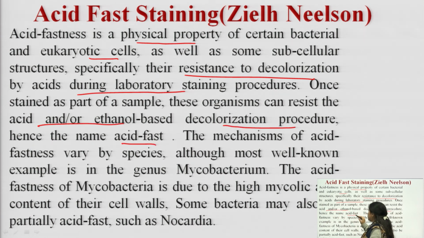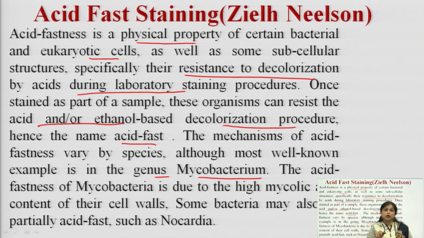So acid fast microorganisms are those which retain the primary stain and do not allow decolorization with decolorizing agents like acidic alcohol. Whereas non-acid fast microorganisms are those which will get decolorized when we wash them with acidic alcohol. The mechanism of acid fastness varies from species to species, although the most well known example is in the genus Mycobacterium.